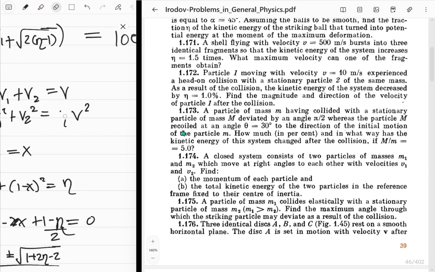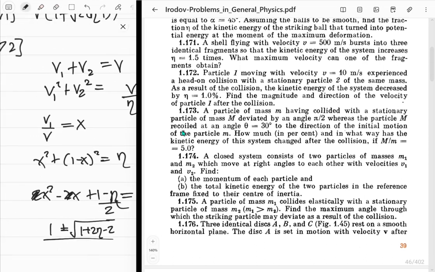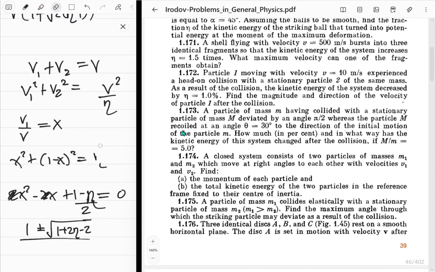Sorry, it should be 1 upon eta everywhere. This should also be 1 upon eta. Instead of writing 1 upon eta everywhere, we'll call it k. K is just 1 upon eta. So this will be like 2k minus 1. And yes, k is a very big quantity. And this thing upon 2, that's going to be your x value.